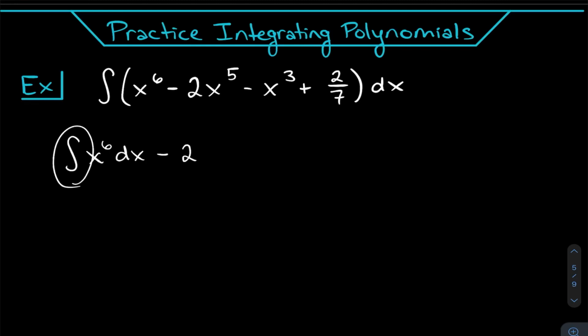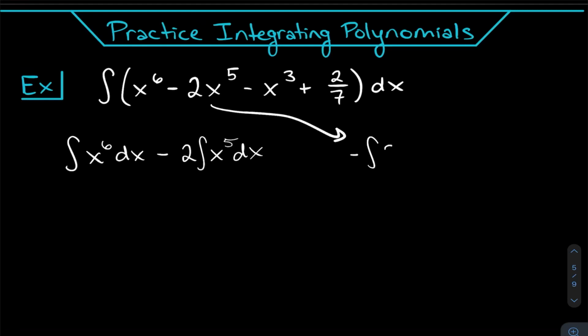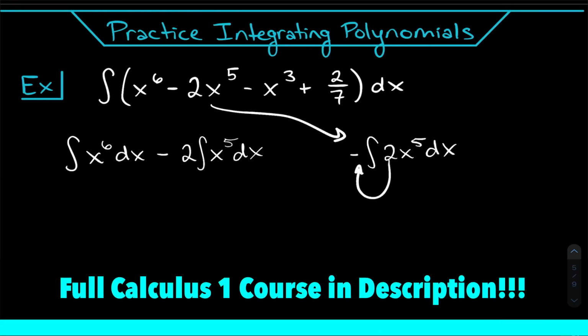Okay, and each, of course, is going to have their own separate dx, right? That's just part of the notation of the integral. So you're going to have minus a 2 integral of x to the 5th dx, right? We can bring that 2 out front of this integral. If you actually wanted me to write that out with an extra step, I would have said that it was negative integral of 2x to the 5th dx. But again, this 2 is just a constant. We can bring it outside and have that be a negative 2.